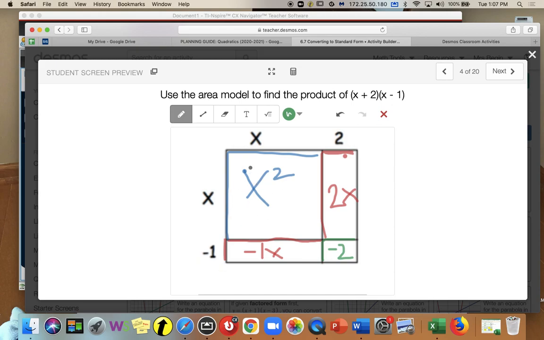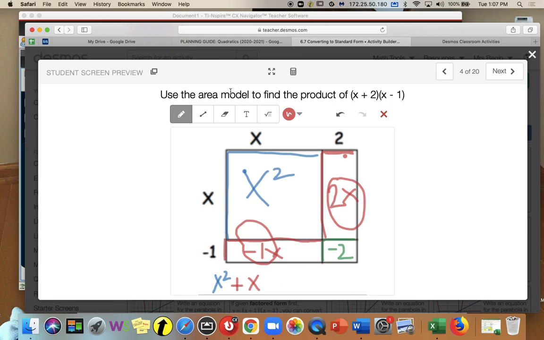I have just the x squared there, and I can't combine it with anything else, so I'll just leave it x squared. And when I look at the x's, I have the 2x, but also a -1x. So this is the same as 2x minus 1x, which would leave us with 1x. So 2 minus 1 is 1. So I could put plus 1x or just x.